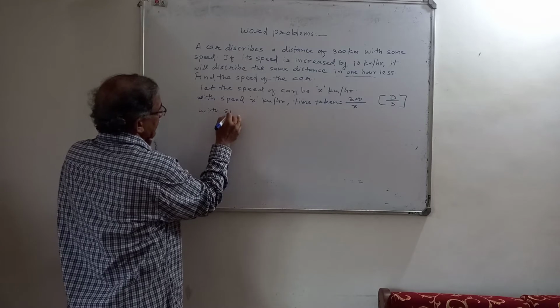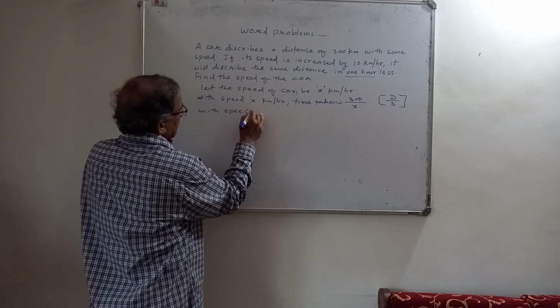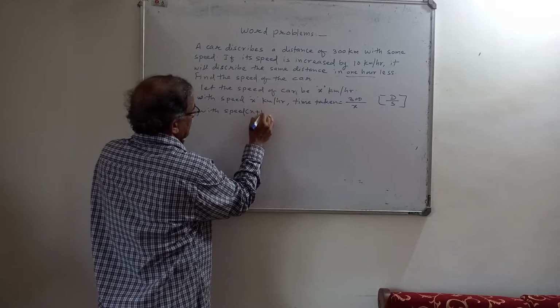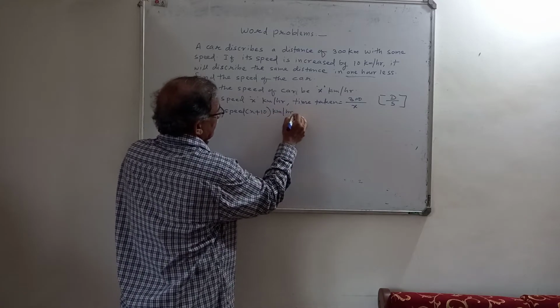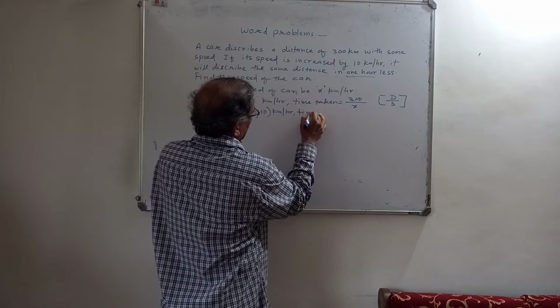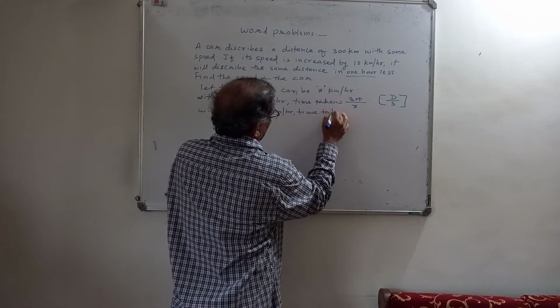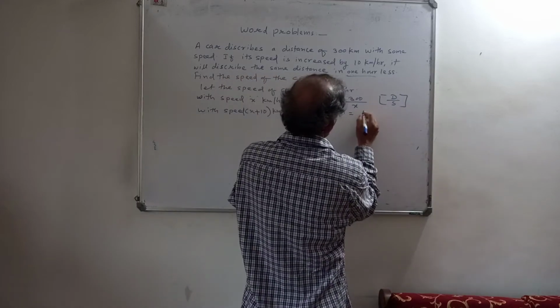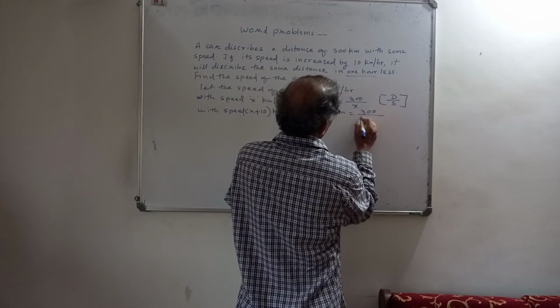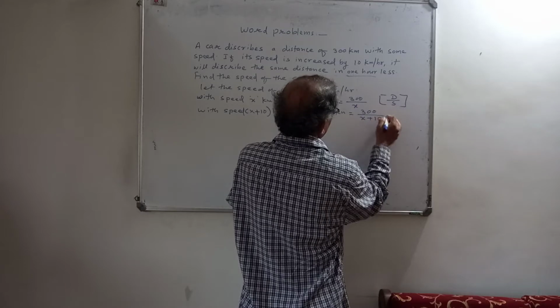With speed x plus 10 km per hour, time taken is equal to 300 upon x plus 10.